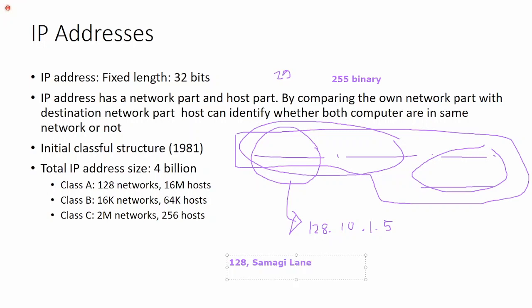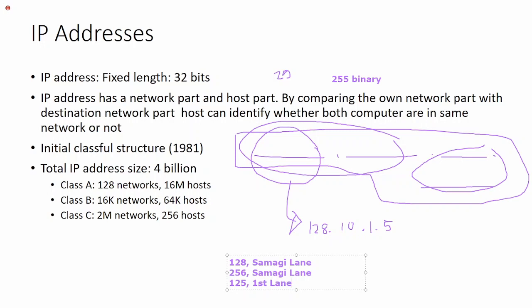And then you have another address, 256 Samagi Lane, right? And another address, 125 at some other place, let's say First Lane, right?